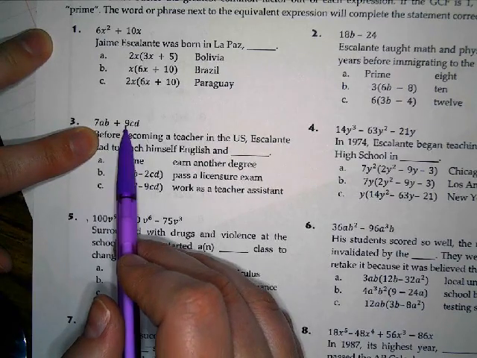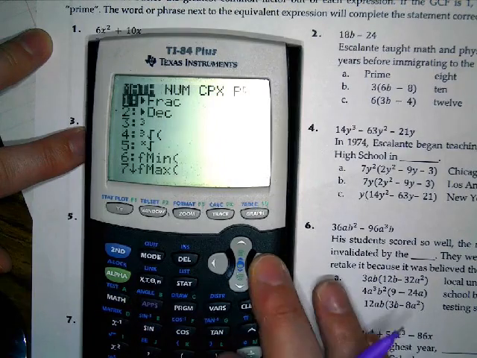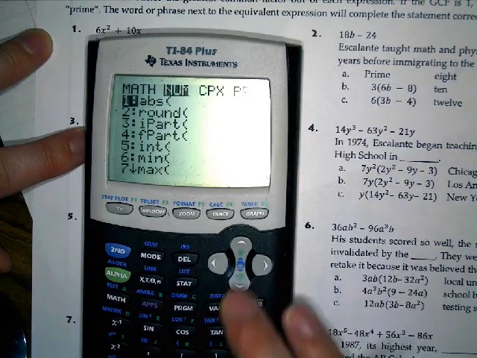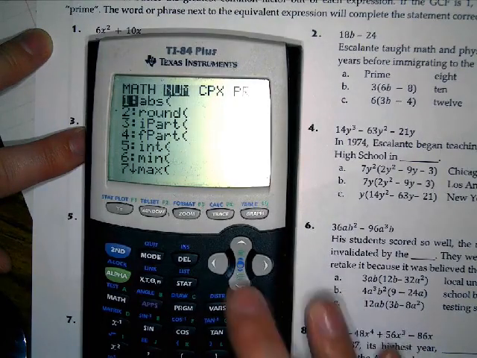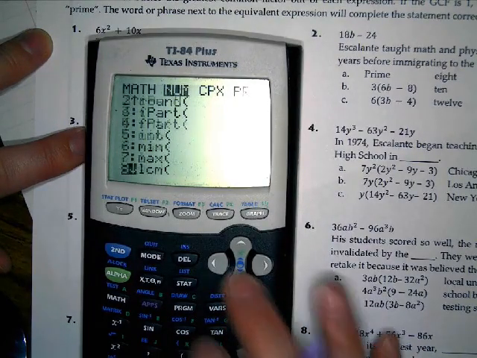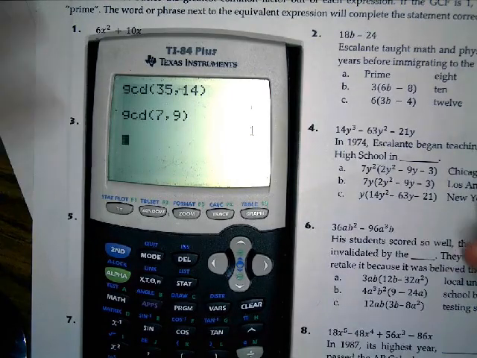So we know that 7 is a prime number. We know that 9 is like 3 times 3, but we know they don't have anything in common. So let's see what our calculator says when we try to do one like this. 7 and 9. Oh, it tells you they just have 1 in common. That makes sense. So with 7 and 9, there's no number that you can take out.